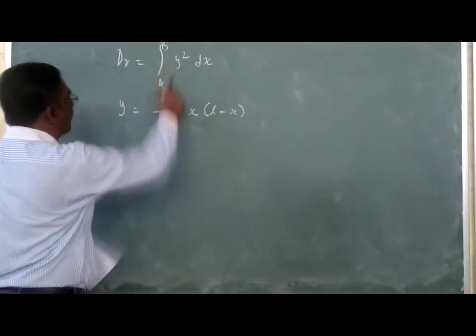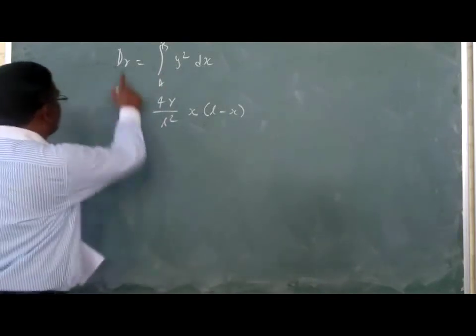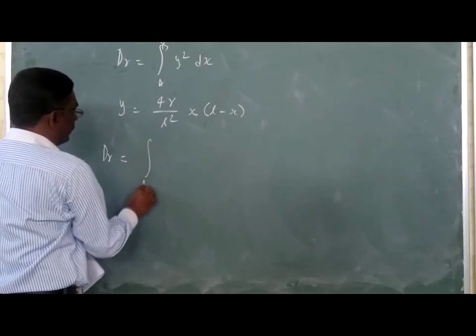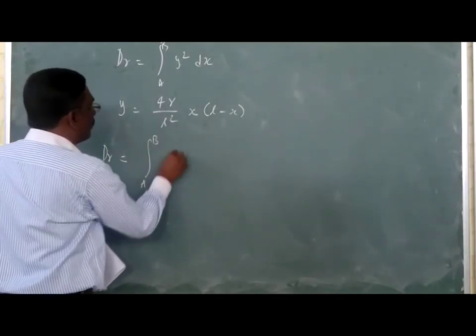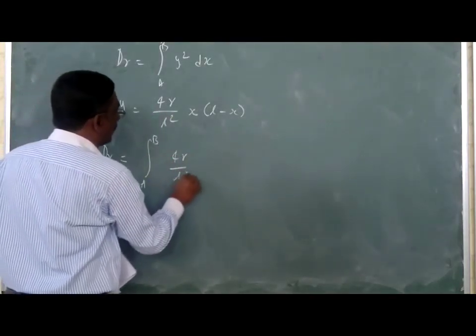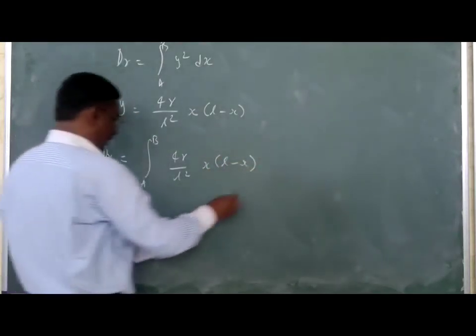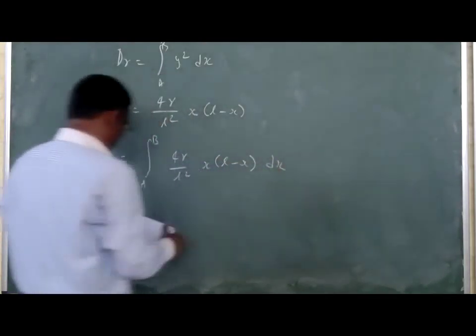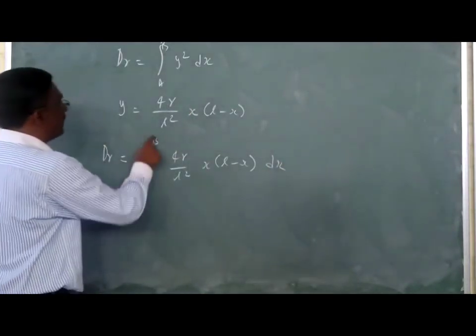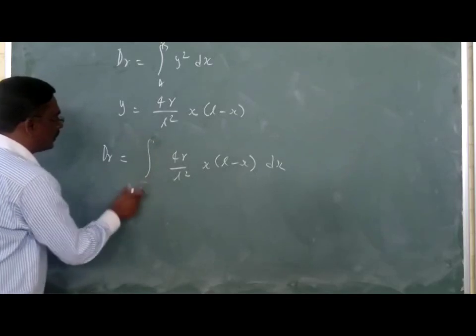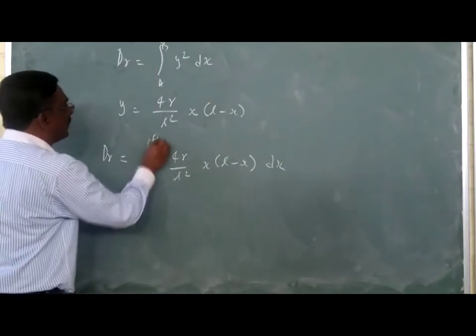We have to substitute this value here. So substituting this value, we will get the denominator A to B, 4r by L square x into L minus x dx. Now this A to B is the span of the arch, so this is 0 to 60.